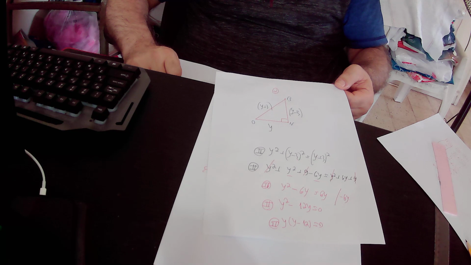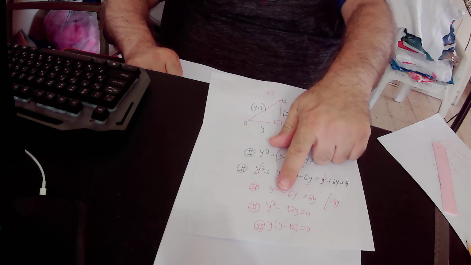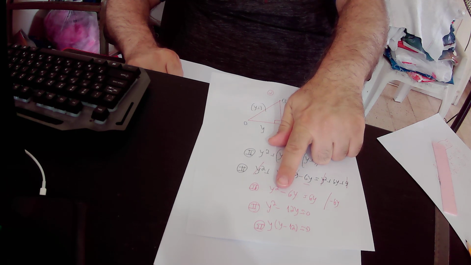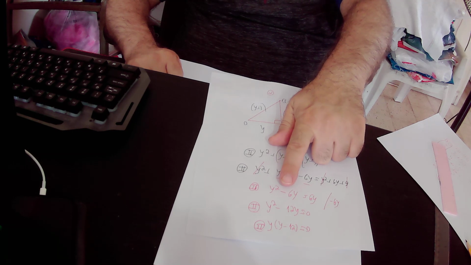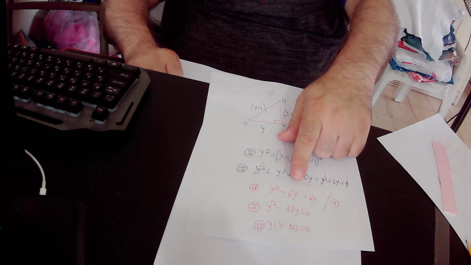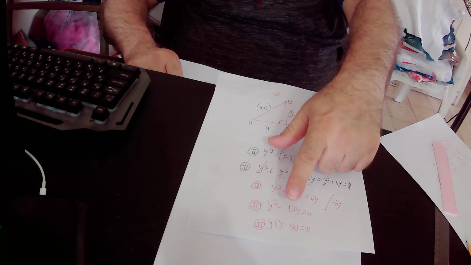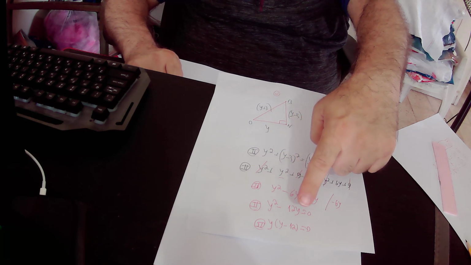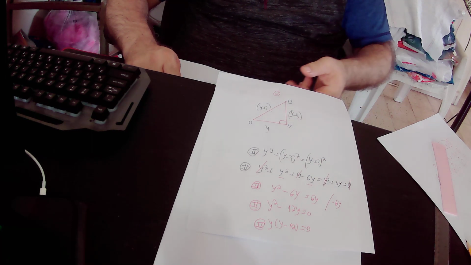So we took from equation number 2 a common factor, that is y. So we got that y times y minus 12 equals to 0.